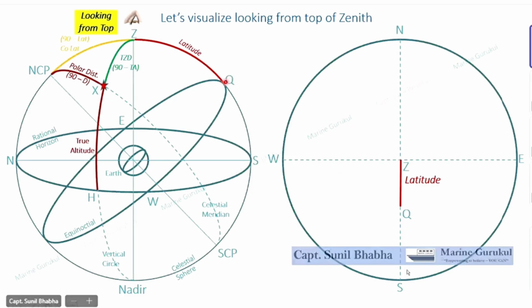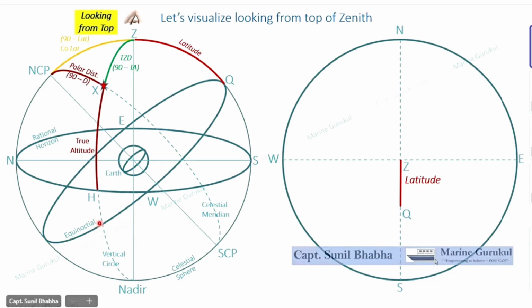Now if you look carefully, ZQ is the north latitude arc. From the Q point, if you join up the W point, W to Q, and moving further Q to E, this particular arc, E point to Q point to W point, represents the equinoctial. So we can also show the equinoctial in our rational horizon diagram now.